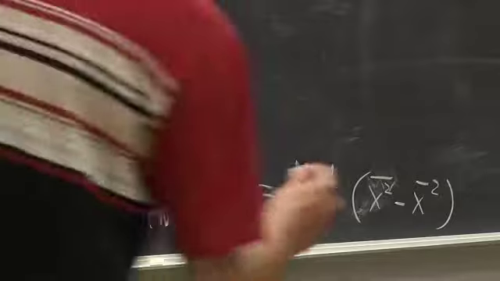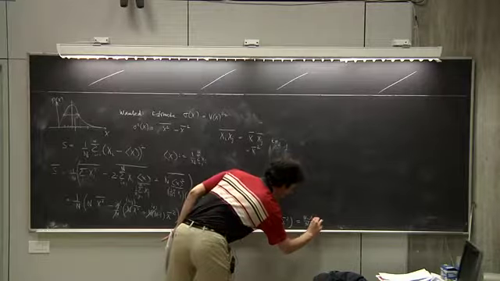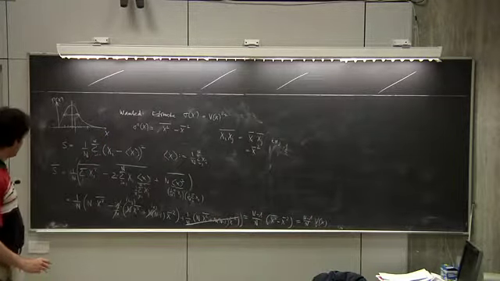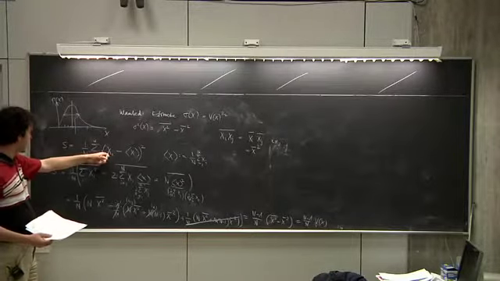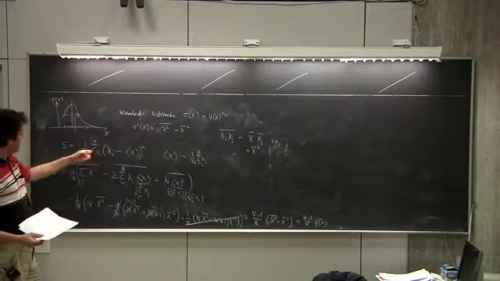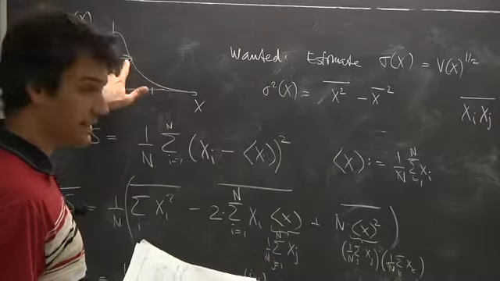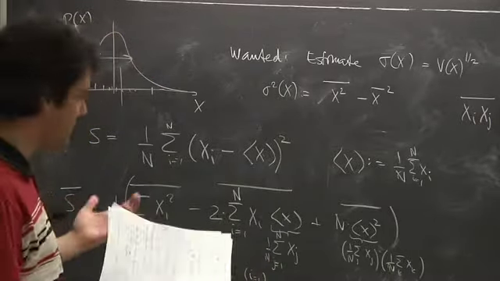Okay, and what is that? That is nothing else than n minus 1 over n times the variance of x. So there's a kind of spectacular result: if we do this measurement with n randomly sampled values from this distribution, we calculate this object that we think might be a good estimator of this variance, and we look at the expectation value of what we are actually calculating.